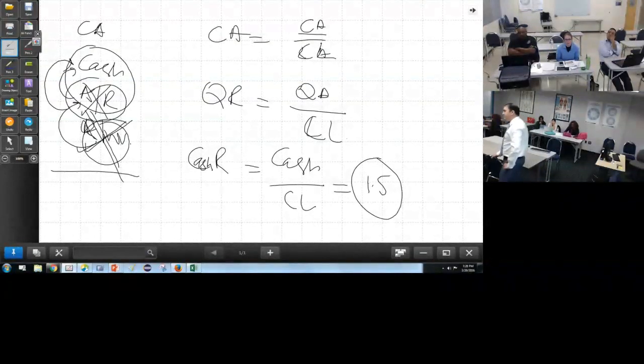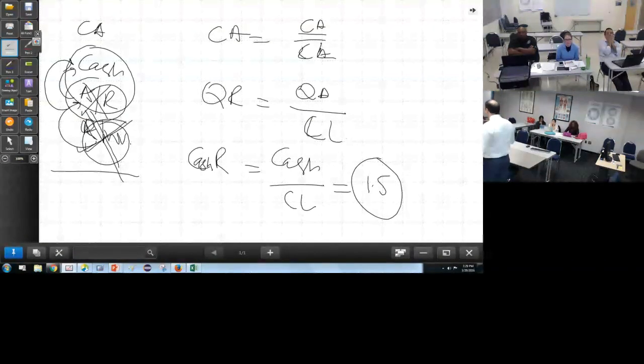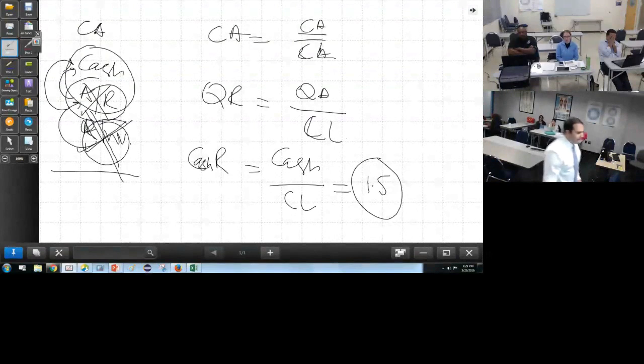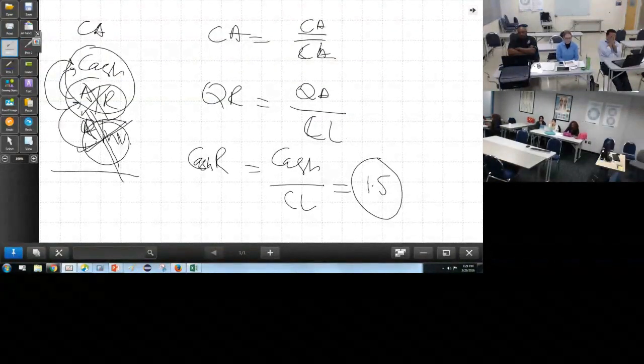You may keep this in a savings account in a bank, but that doesn't earn significant income, rather than investing that in inventory or in other assets that will earn a lot of return. But holding a lot of cash means that you are just holding the owner's money in the company's account. What does that mean for the owner? The owners did not give the company the money to keep it in an account. They give you the money to invest it. So you have to find a ratio that makes sense.